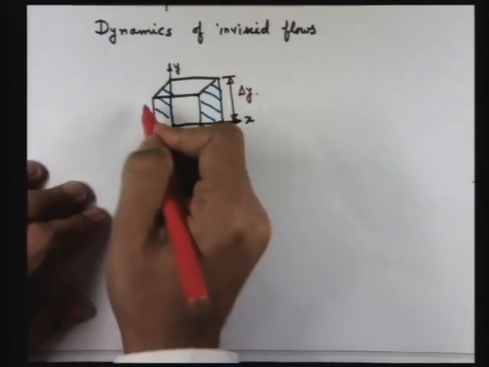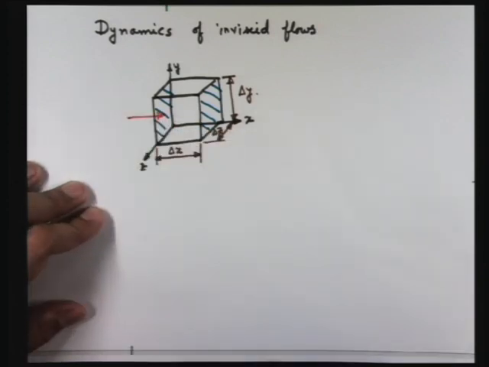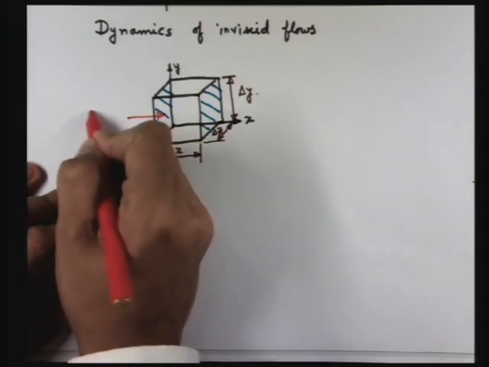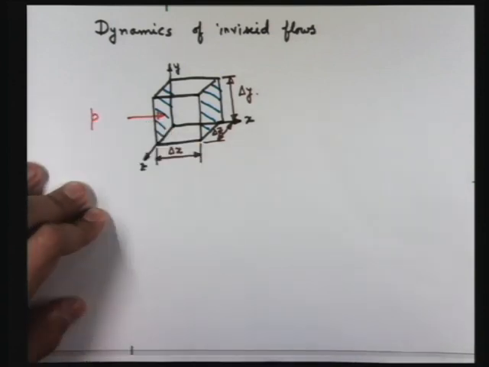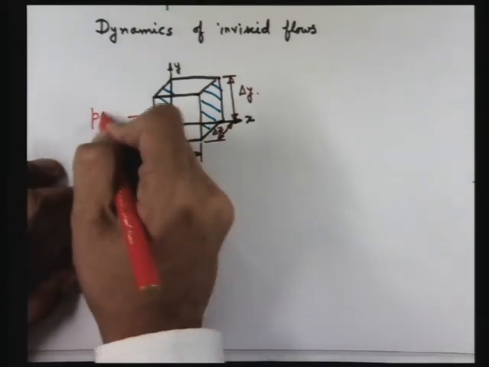Let us say that the pressure here is P, and the area on which it acts is delta y into delta z, so the force is P into delta y into delta z.